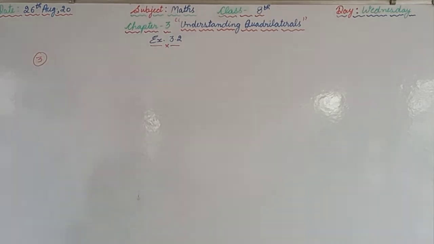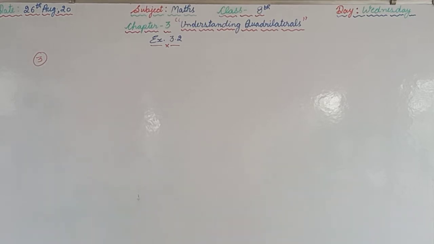In question number 2, the number of sides was given, and we were supposed to find the measure of the exterior angle of the regular polygon. In the next question, that is the converse of that, the measure of the exterior angle is given, that is 24 degrees, and we are supposed to find the sides of the regular polygon.